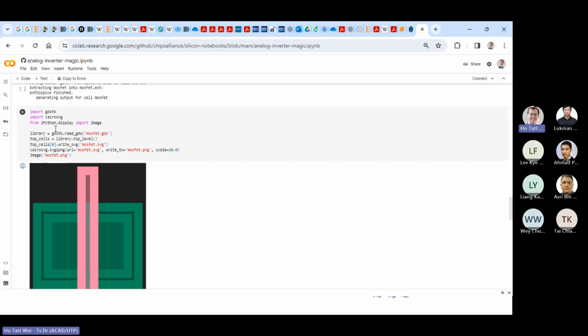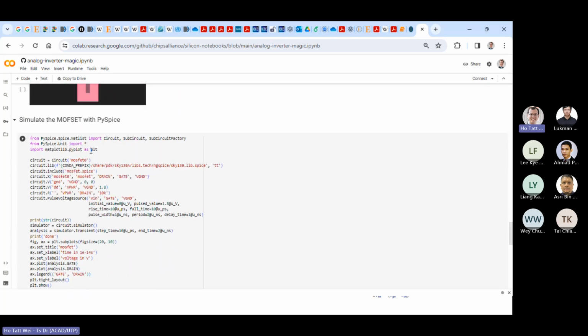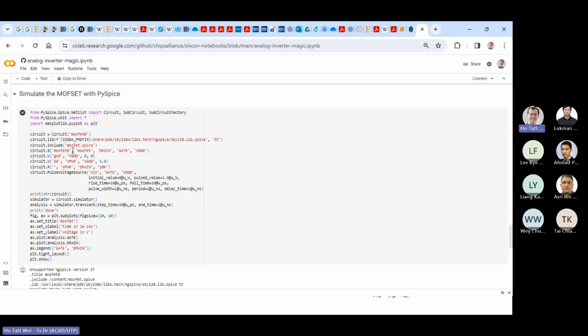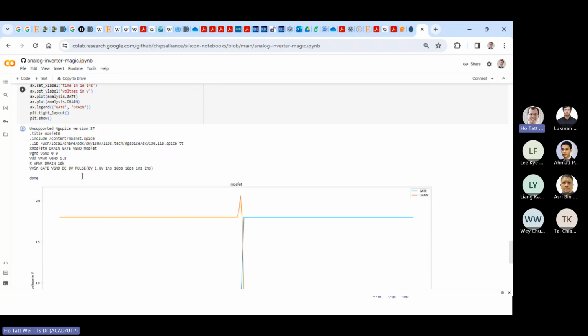And then it is calling up this library, GDSK, but it's reading the drawing. The GDS file is the drawing. Okay, it's showing you the drawing. And it's taking that MOSFET drawing and simulating it with PySpice here. So this is like a backward flow.